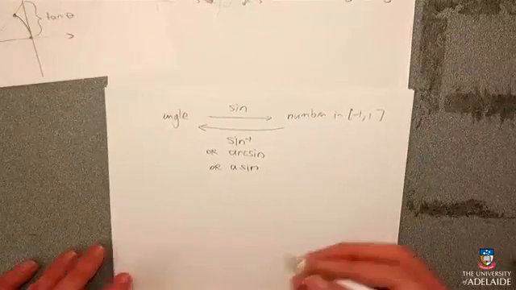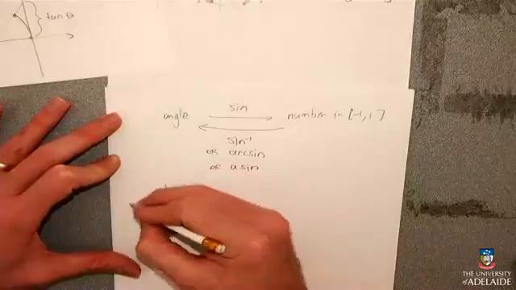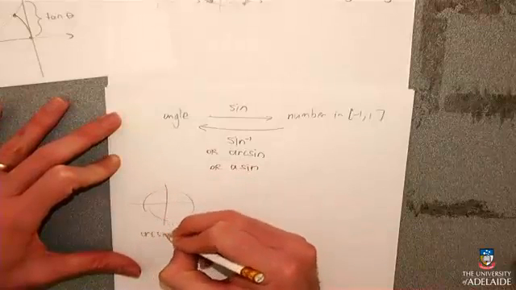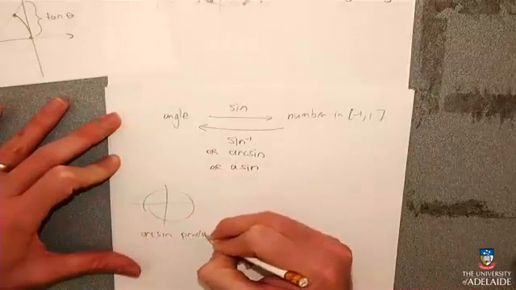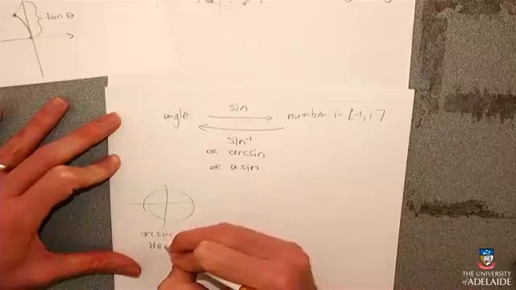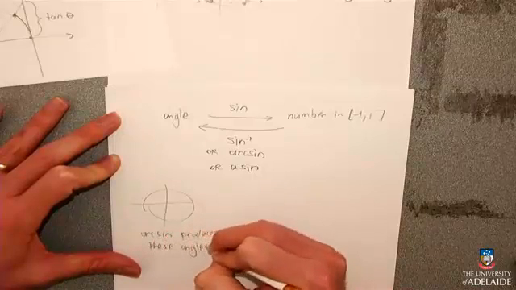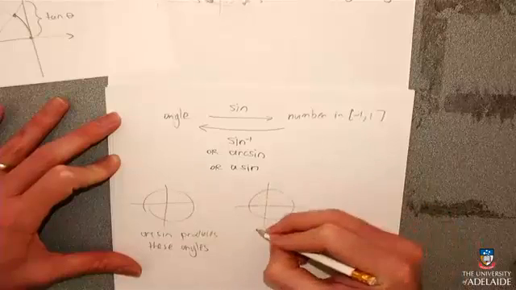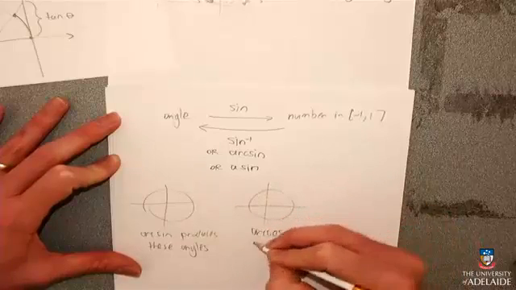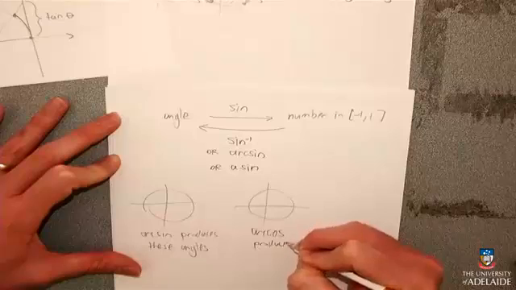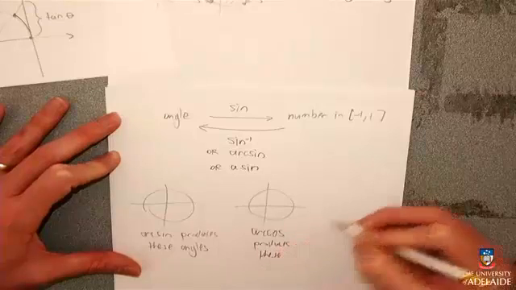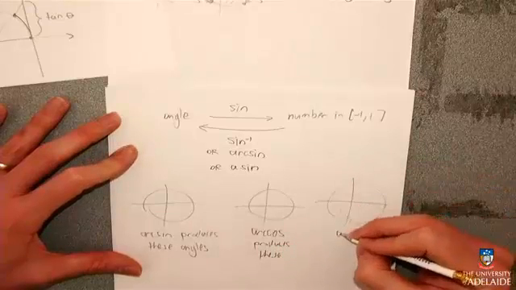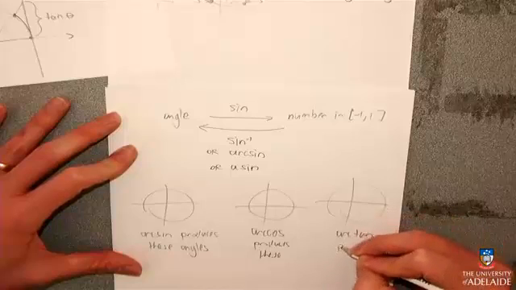And I'll show you the angles they produce. Arc sine produces these angles. And arc cos produces these. And arc tan produces these.